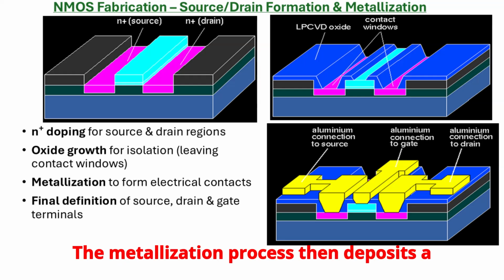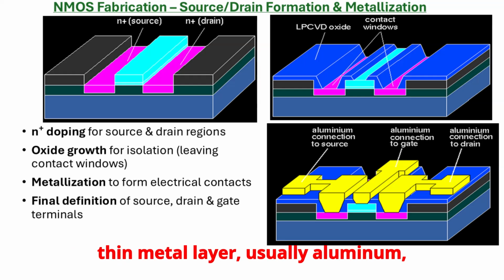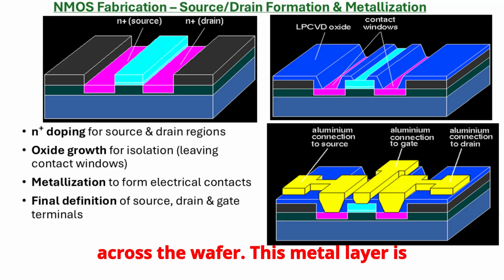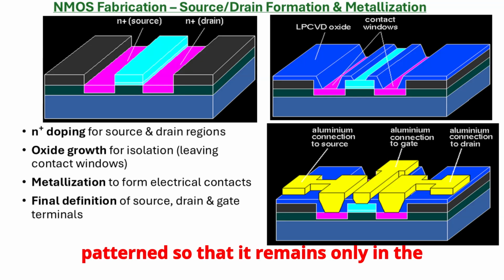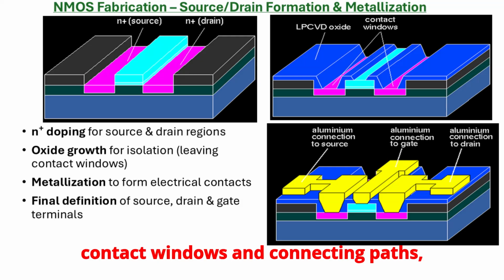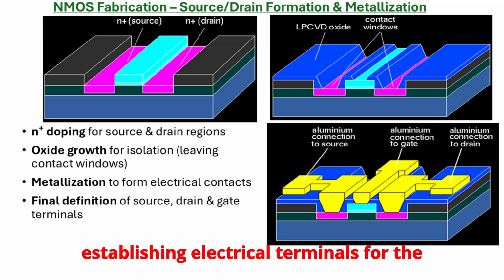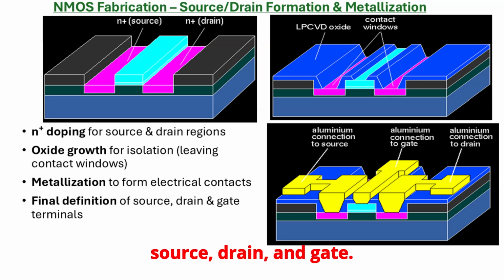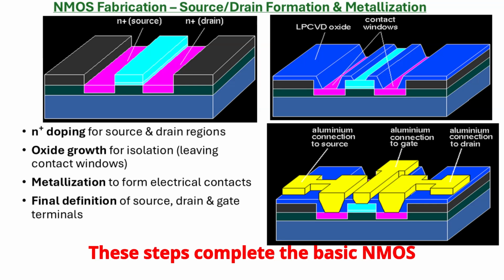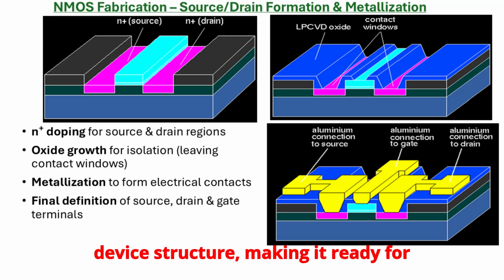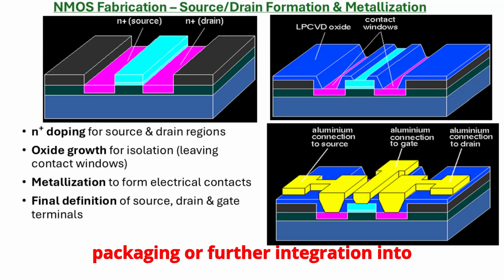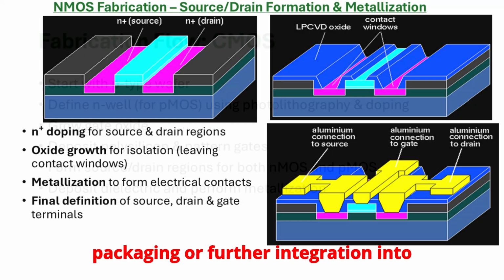The metallization process then deposits a thin metal layer, usually aluminum, across the wafer. This metal layer is patterned so that it remains only in the contact windows and connecting paths, establishing electrical terminals for the source, drain, and gate. These steps complete the basic NMOS device structure, making it ready for packaging or further integration into circuits.